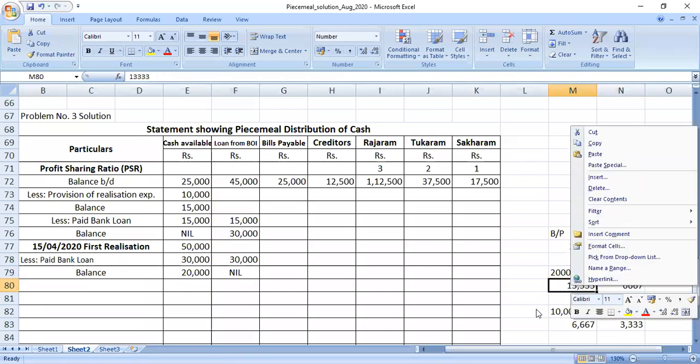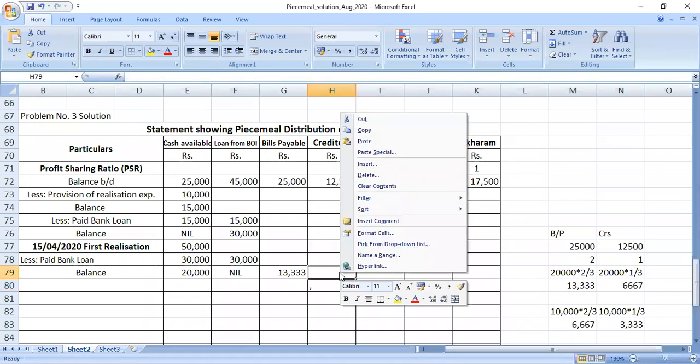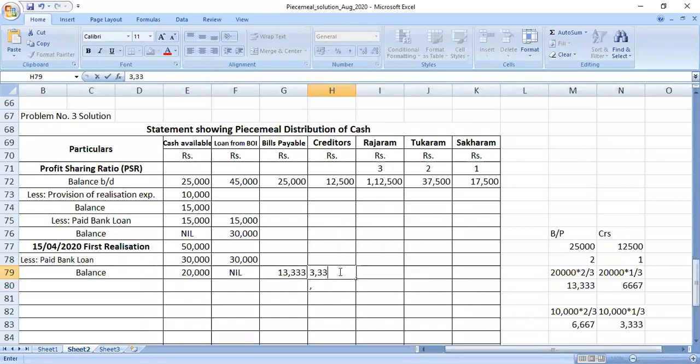We got 13,333 as the bills payable payment and 6,667 as the creditors payment.